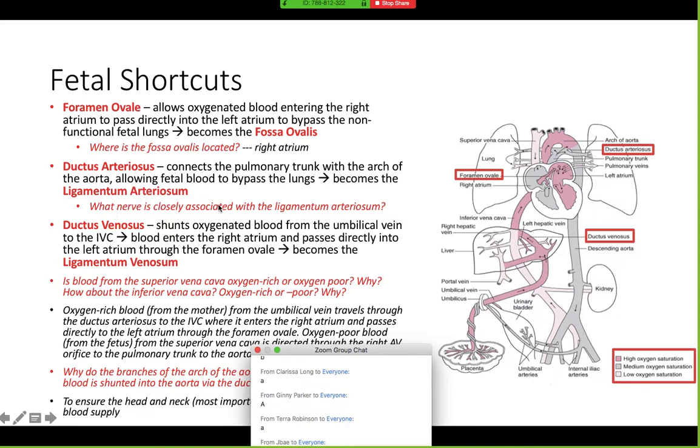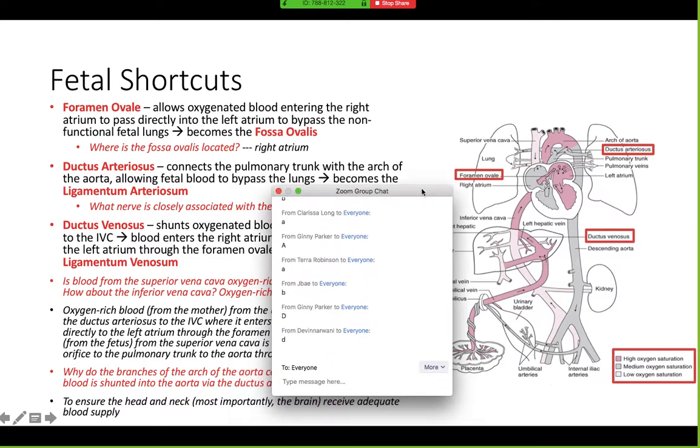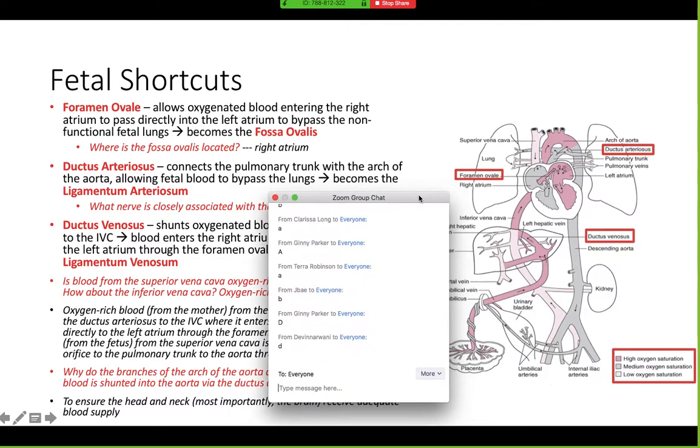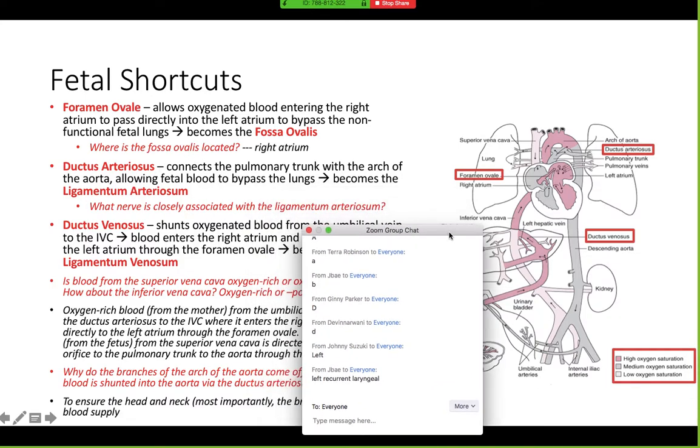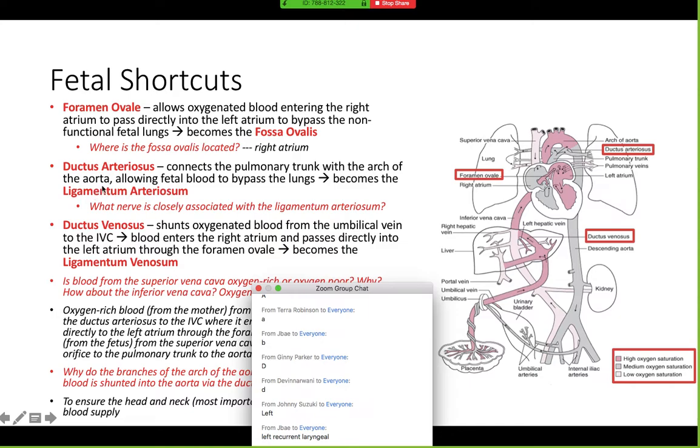And the ligamentum arteriosum, which nerve is closely associated with that structure? This is making the connection. So left what? Left recurrent laryngeal, right? So this is making those connections. Make sure you realize this.